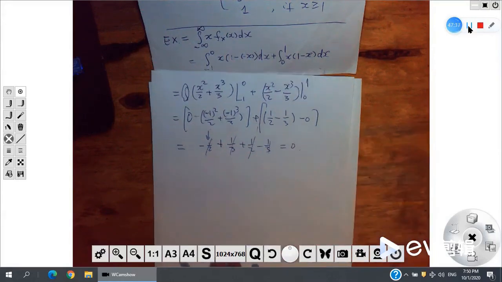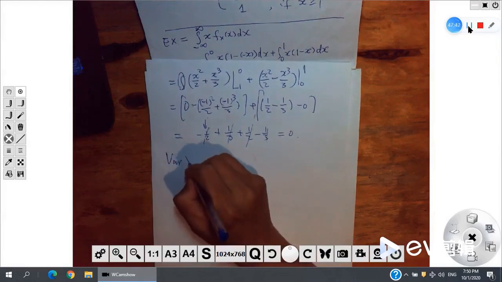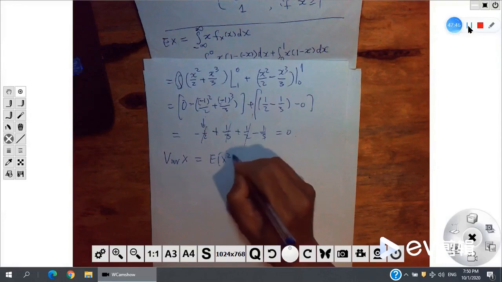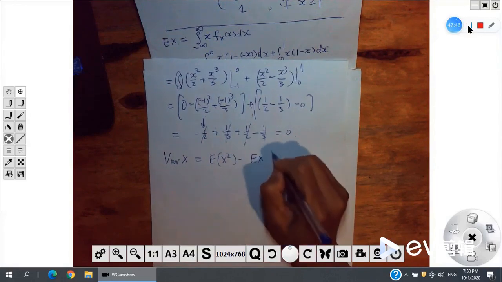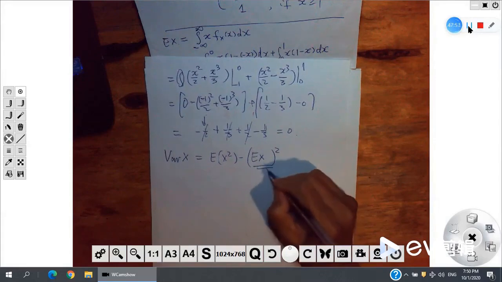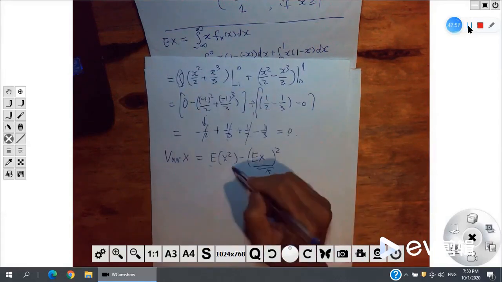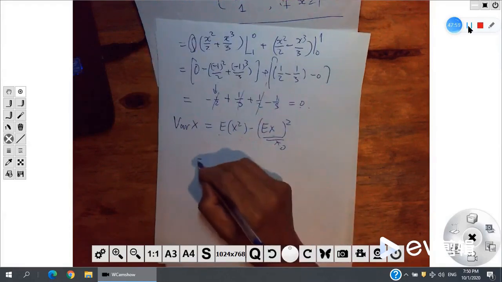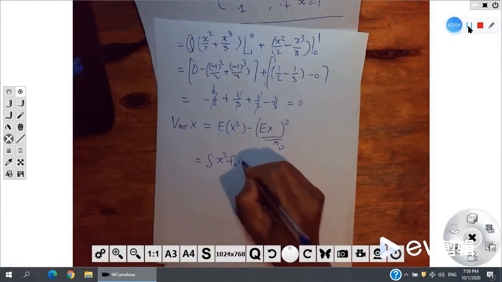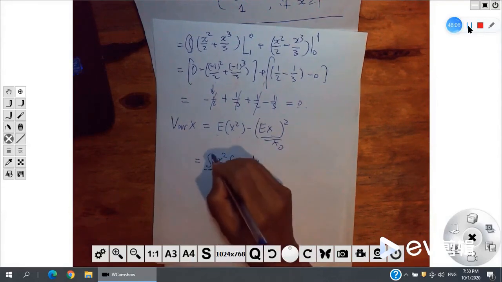So E(X) is 0. And then the variance of X. By that formula, it is E(X squared) minus (E(X)) squared. And E(X) is 0, so this part is 0. We only need to calculate this. So this is the integral of x squared times the density dx, running from negative to positive infinity.